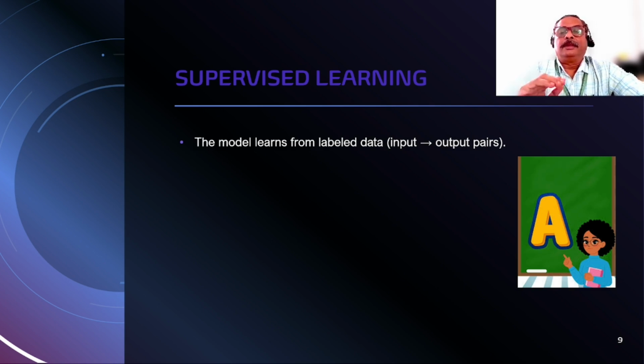If you remember, we were shown the image of A, or A written on the board, and she used to show the structure on the board and say this is called A. So there is an input: the vision, what A looks like, goes into our eyes, and she keeps telling that this is called A, so that the voice gets into our ears.